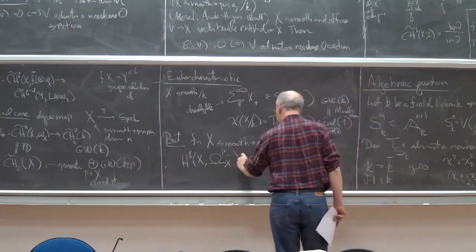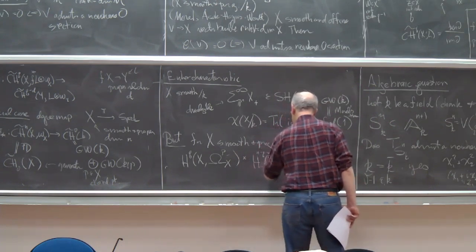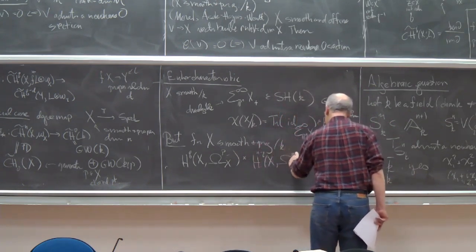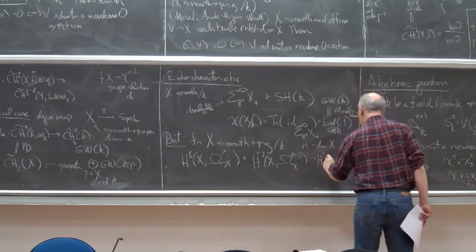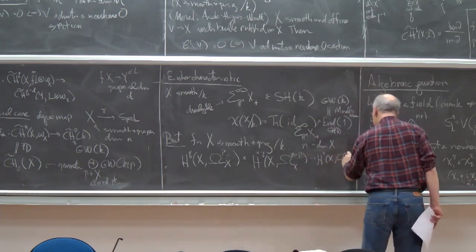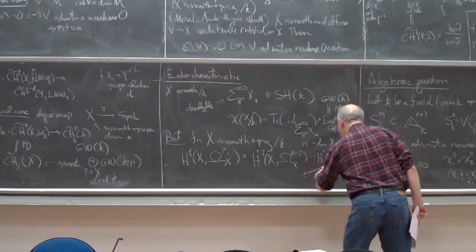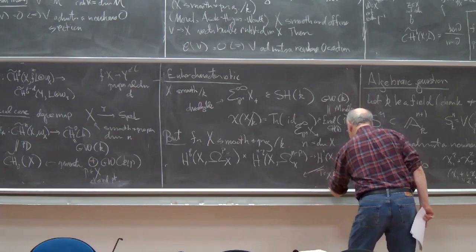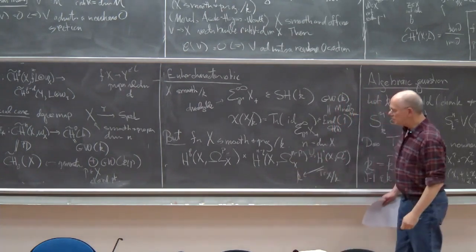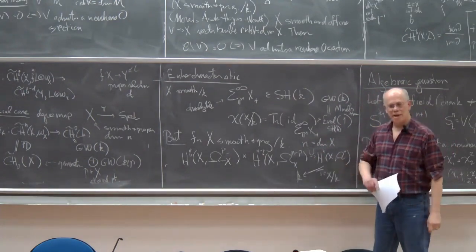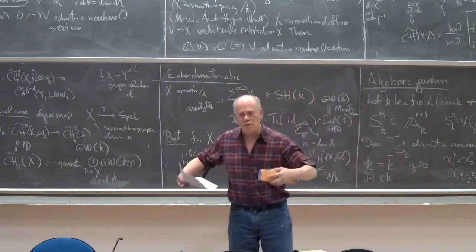And then you have a cup product pairing. H^q(X, Ω^p) pairs with H^(n-q)(X, Ω^(n-p)), going to H^n(X, Ω^n). And then Serre duality, or any way you want to say it, gives a canonical trace map down to the field K. Okay, so here you have a product, here you have a map to K, and lo and behold, that gives you a quadratic form when you take them all together.